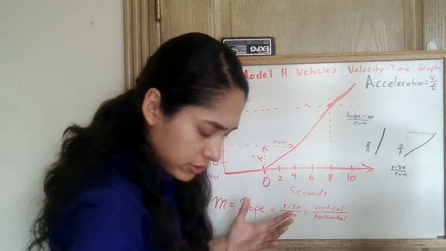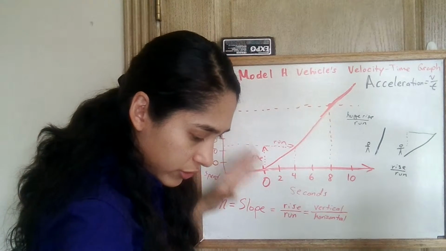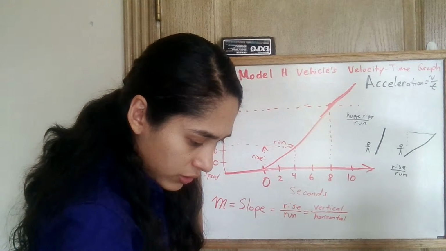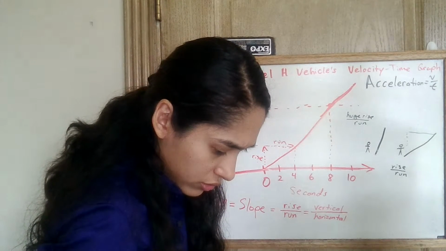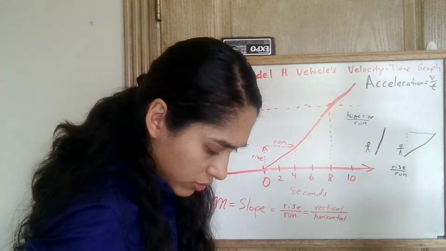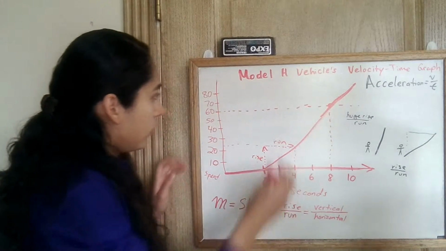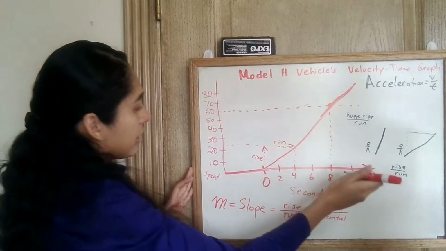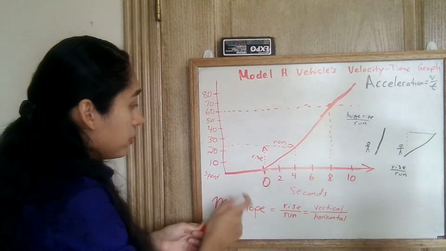Okay, so we see this. We see the rise over the run. So for this one, we also want to take into account what our slope is.